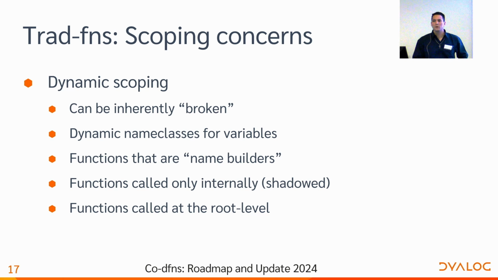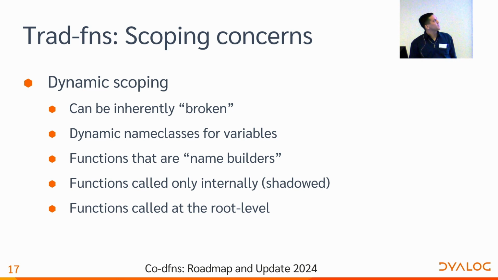There might be code that you only ever run in one way, but can always, at least in theory, be run in another way that will break the whole thing. That's true with Trad-fns inherently because of the dynamic scope and how it works. So you can introduce all sorts of issues here.